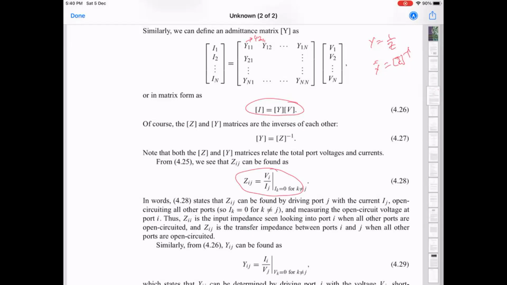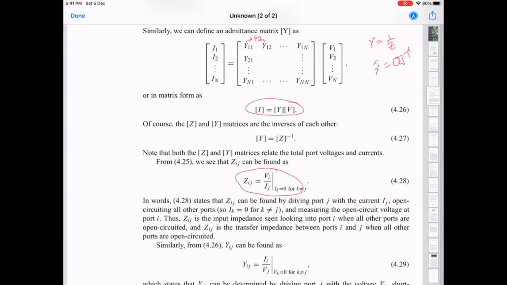And this is what it tells you, that the component Zij is the voltage measured at port i divided by the current at port j, with the currents of all the other ports set to 0.